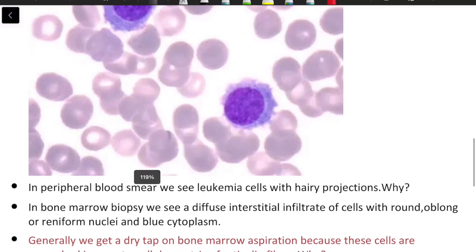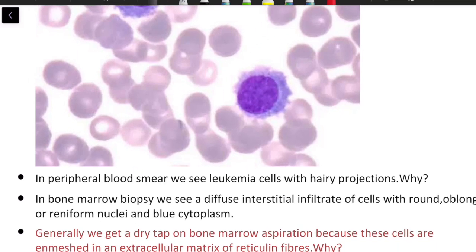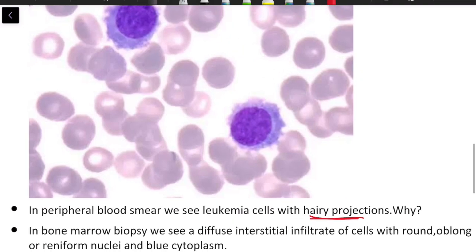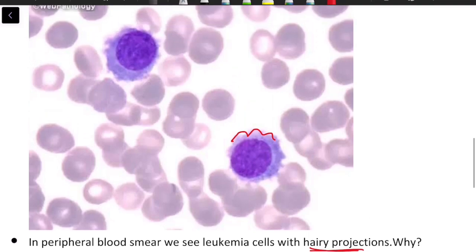If I talk about the morphology, then in the peripheral blood smear, we see leukemic cells with hairy projections. But why? Due to increased activation of the serine threonine kinase, there is increased activation of the actin cytoskeleton present in the lymphocytes, and this leads to increased membrane projections or ruffles.